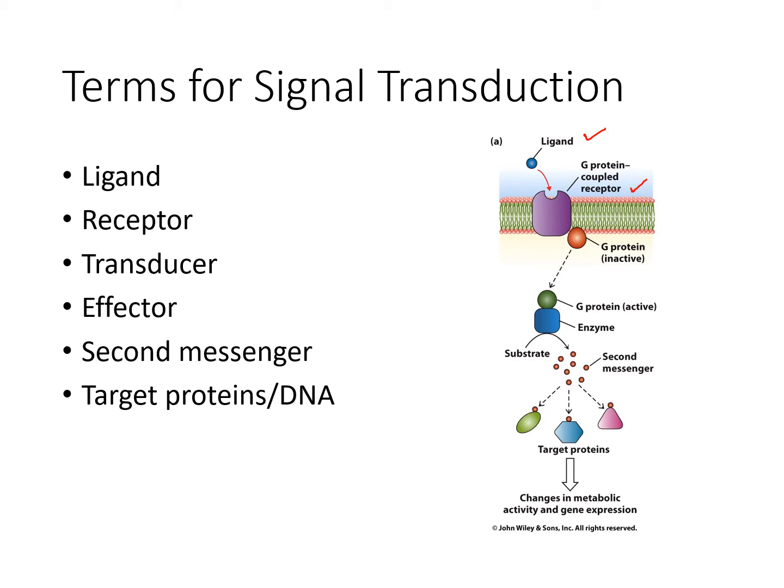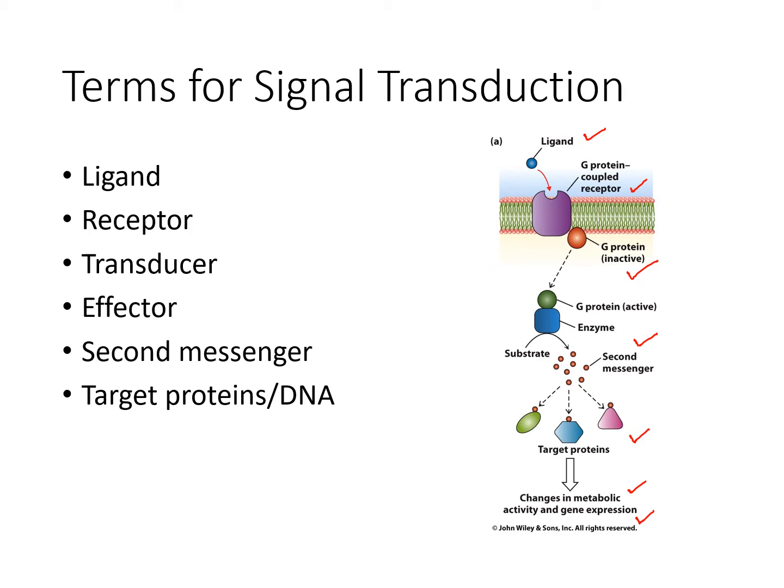Okay, the third component is the transducer itself. The activation of the transducer will cause a series of activations inside the cytoplasm or the cytosol, and this will increase the number of second messengers. This second messenger will give an effect to the target protein, which later will cause changes in the metabolic activity or the gene expression if it is about the transcription factor.